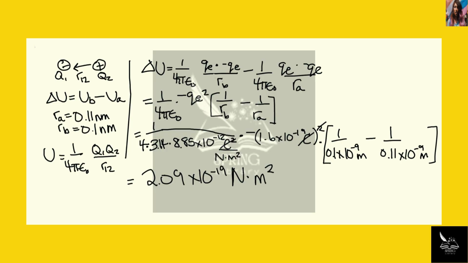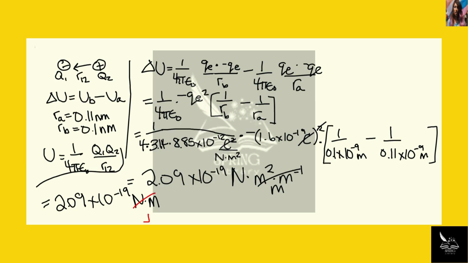And then we have a meters to the minus 1 over here. But we know that this just equals meters to the plus 1, so meters. So this is equal to 2.09 times 10 to the minus 19 newton meters. But this unit we know better as joules.